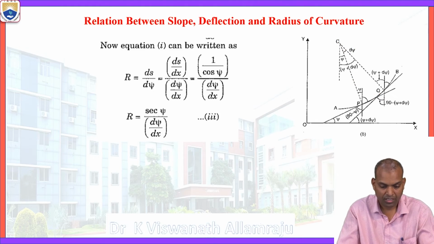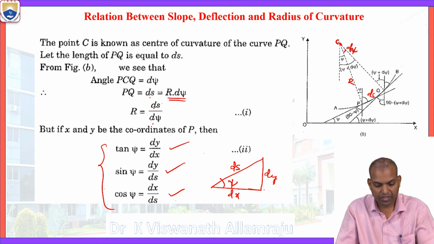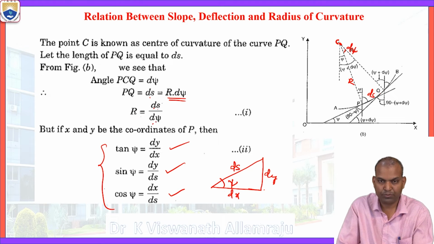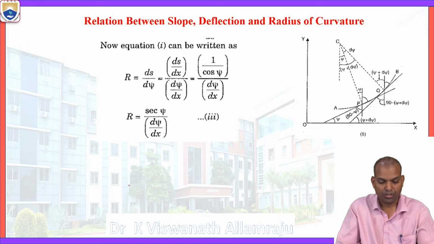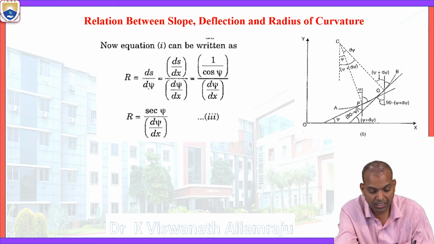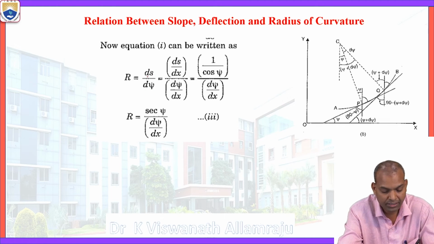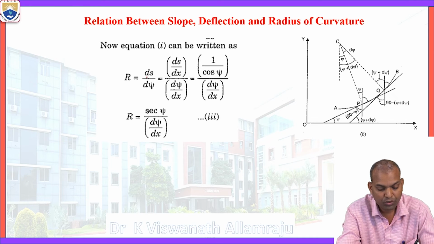Now equation 1, r equals ds by d psi, we are going to write in terms of dx, dy and ds. We want it in terms of cos psi and sin psi or tan psi.